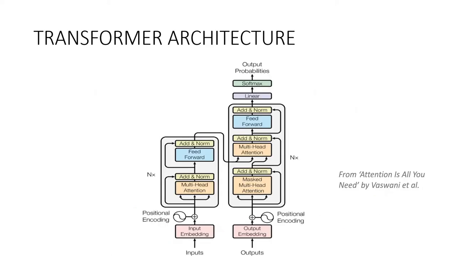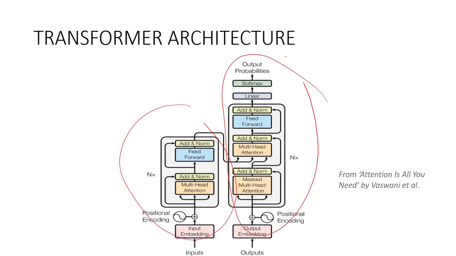Fine. This is the architecture of transformer. The first part is the encoding part. Here this is the decoding. So in the architecture, if you see here, we are using the multi-head attention. There are different types of attention models in this architecture.